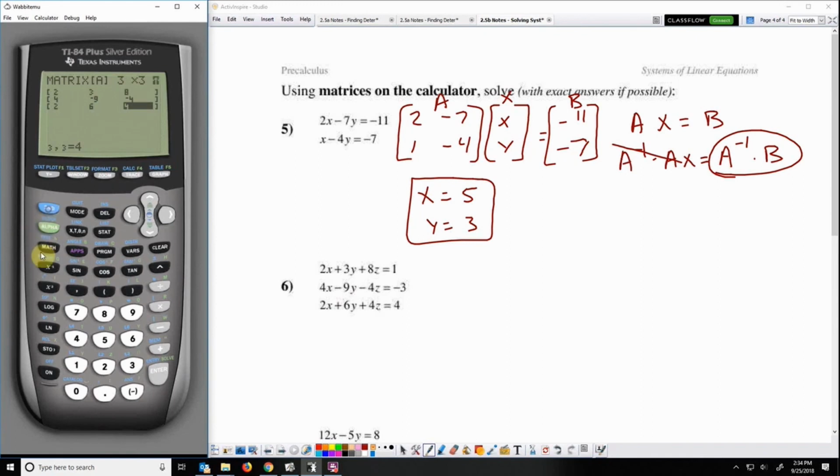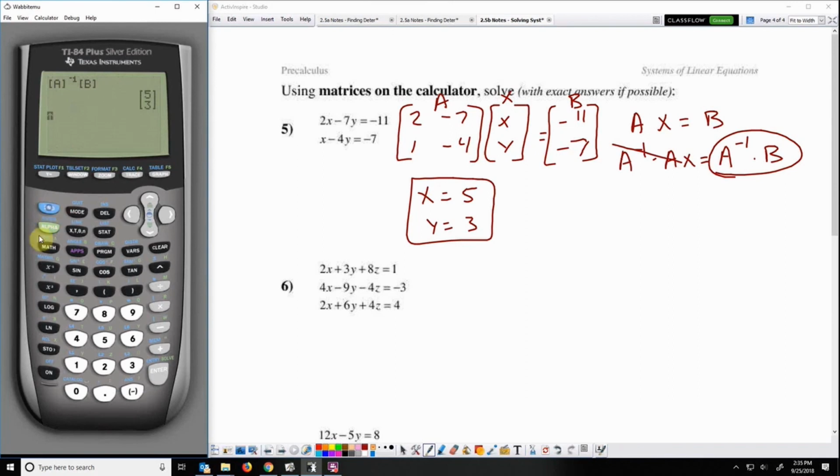Then I'm going to go back to matrix and go over to edit matrix 2, and this is going to be 3 rows by 1 column. 3 by 1. 1, -3, 4. And now I'm going to quit. Second, quit.